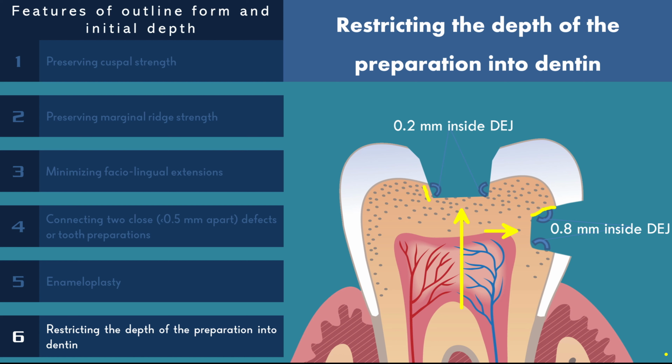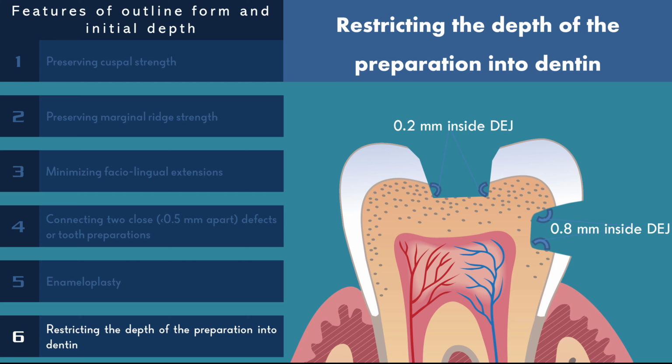So for a pit and fissure caries, the initial depth of the tooth preparation should be 0.2 mm inside the dentino-enamel junction, and for smooth surface caries it is 0.8 mm inside the dentino-enamel junction. So these are the principal features and factors that have to be considered while doing tooth preparation and establishing the outline form and initial depth.